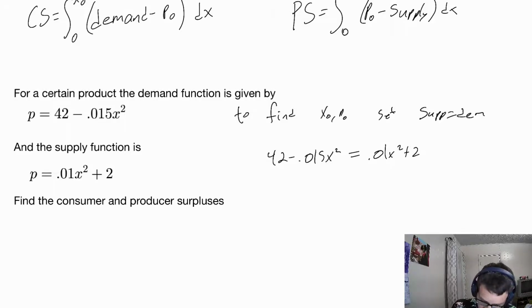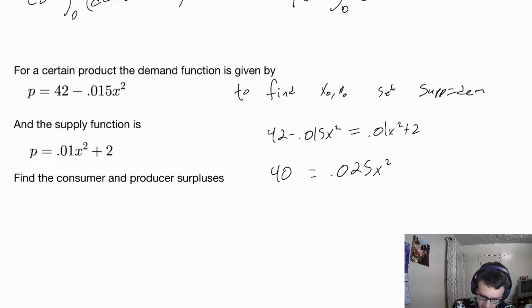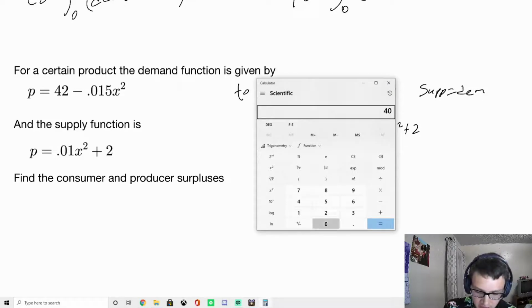This works out to be, let's see, 40 equals 0.025 x squared. So then x squared equals, and I have to break out a calculator here, 40 divided by 0.025, 1600. So then that tells us that x has to be 40. So our x naught is 40.